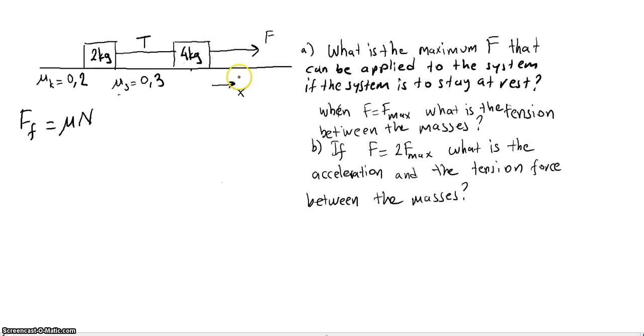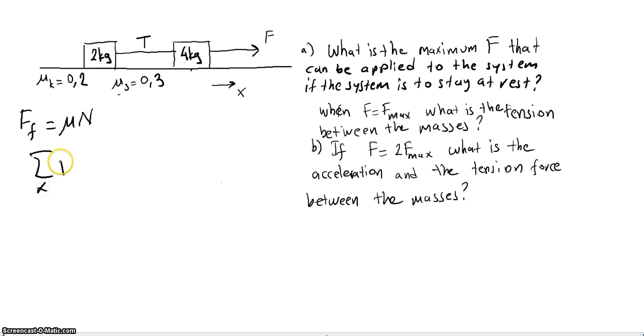So let's start by writing down Newton's second law for the system as a whole. Let's take the positive x-axis as the increasing x direction to the right.